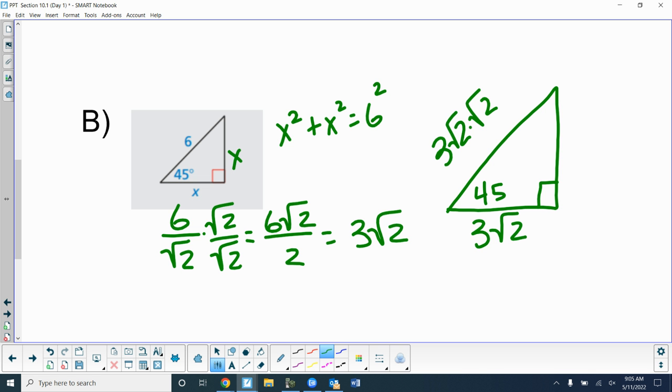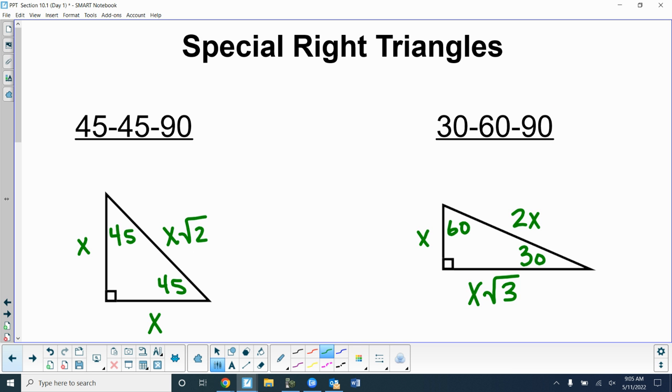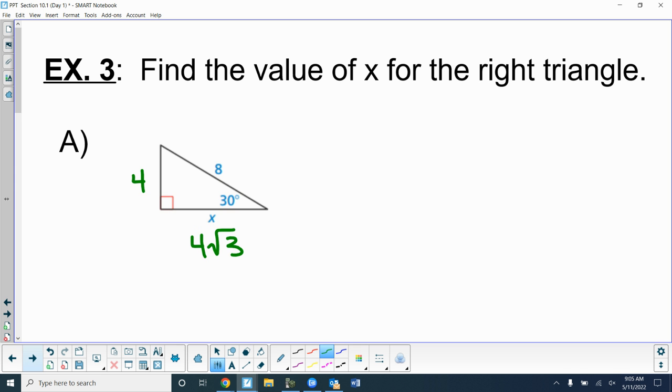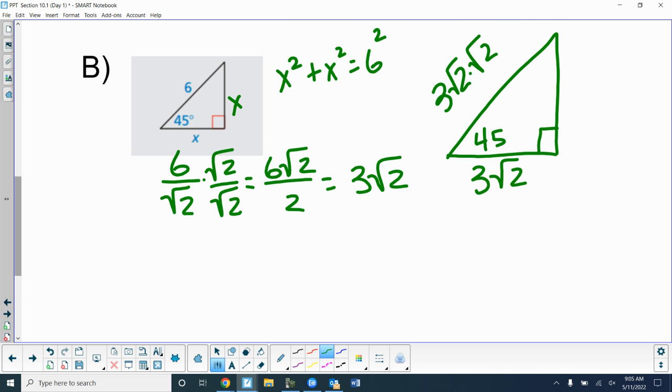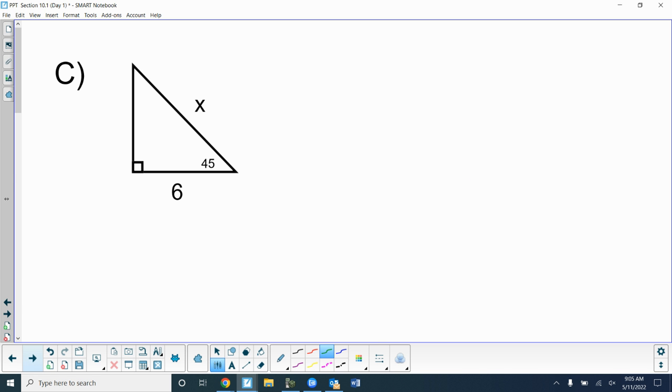Does that make sense what I just said? If you forget this rule here, since it's a 45-45, you know that those are equal, so you could use Pythagorean to figure it out too. All right, so just a little extra there.